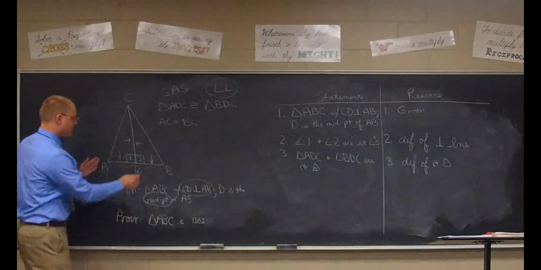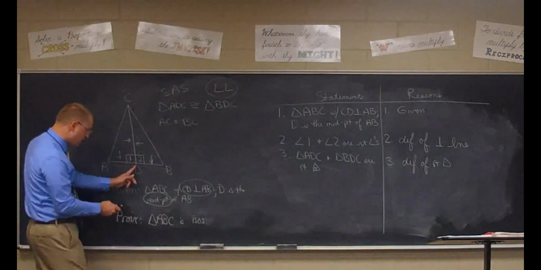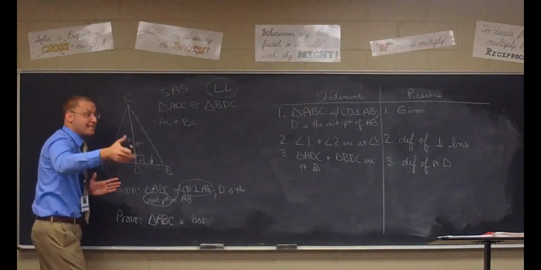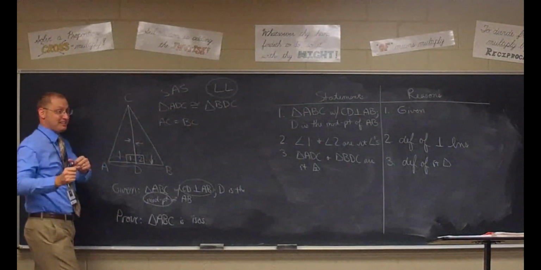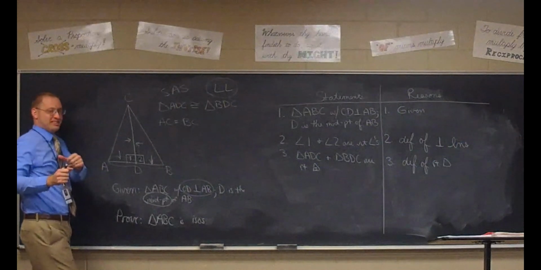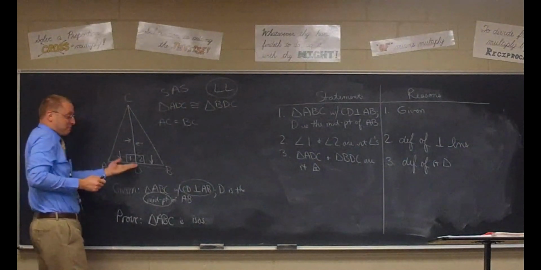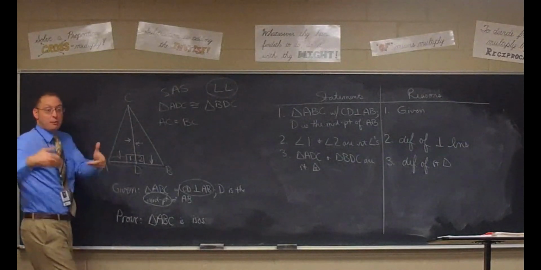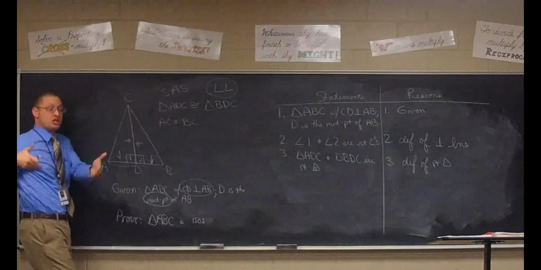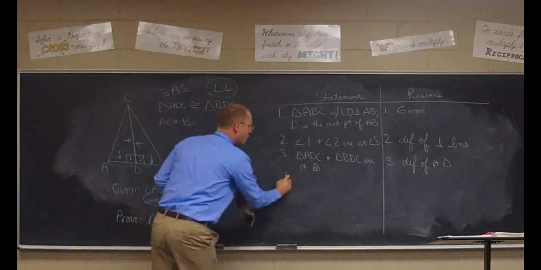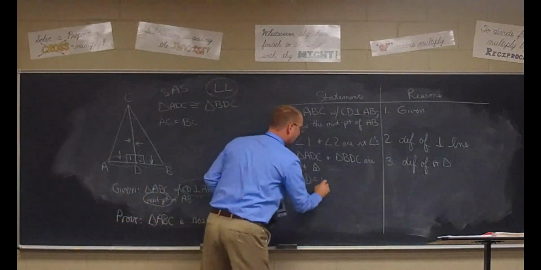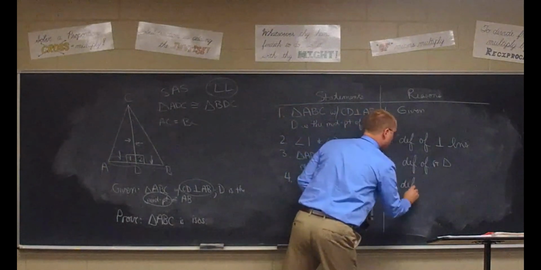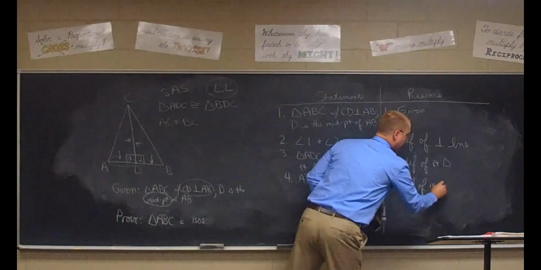So if AB is a line and D is a midpoint, then these have to be equal parts, don't they? Because it's a midpoint. It's what a midpoint does: it divides a line into two equal parts. That's the definition of a midpoint. So yes, I do know number 4, that AD is equal to BD. They have to be equal based on the definition of a midpoint.